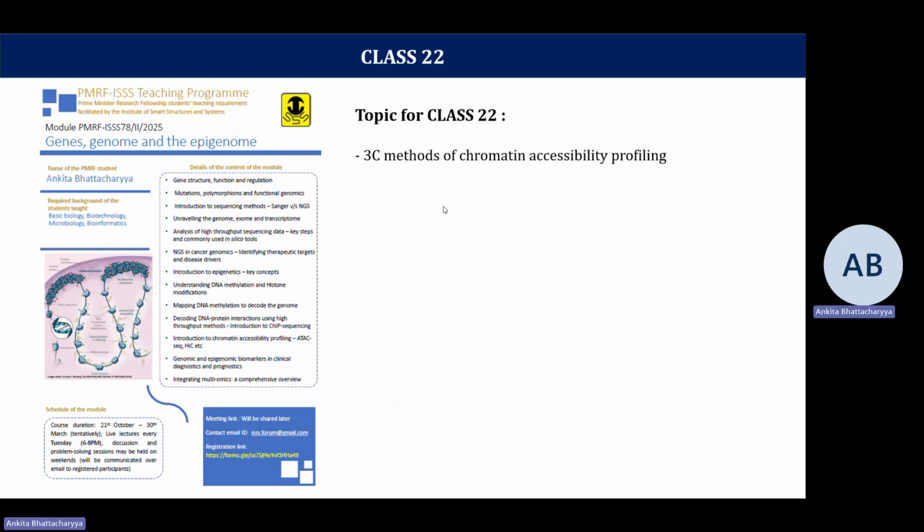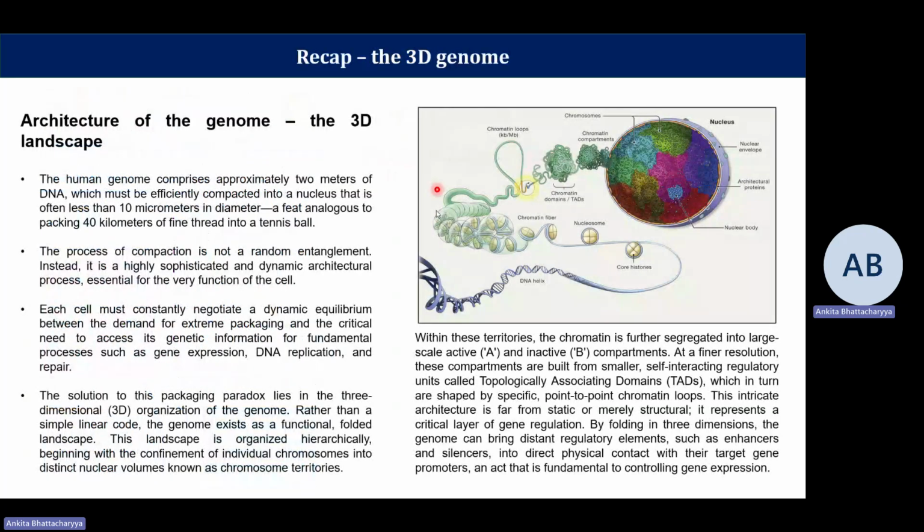But we're going to do it in a different manner. We are going to look at chromatin accessibility profiling in a different way. What does that include? That includes the 3C method, so we will look at that in detail. Before we delve into all of that, we'll first understand the genome architecture and the 3D landscape of the same.